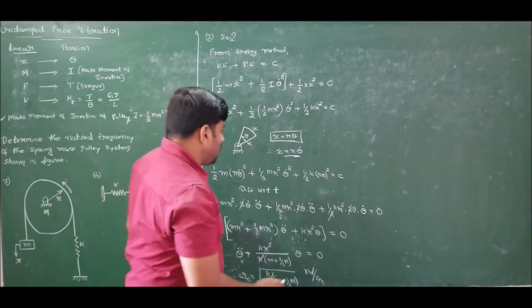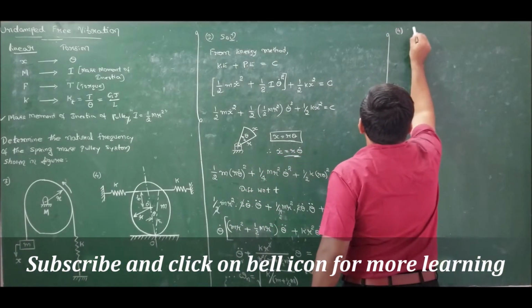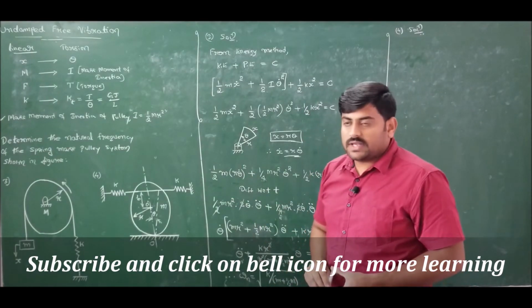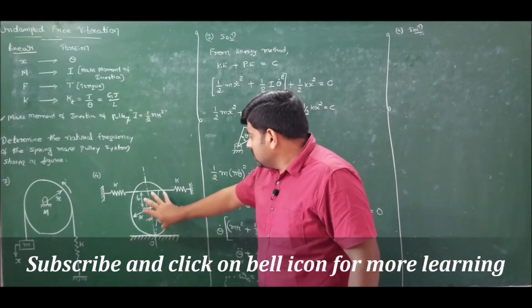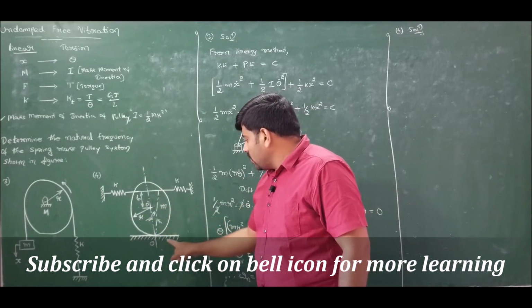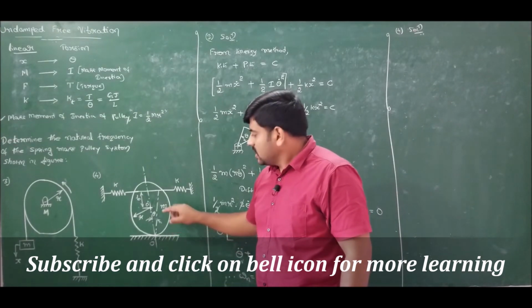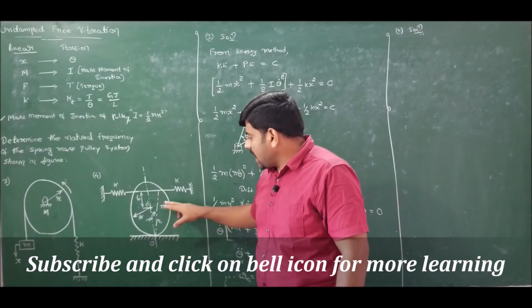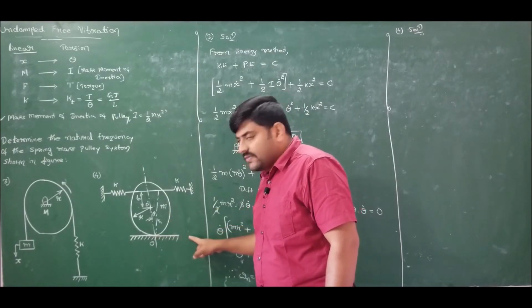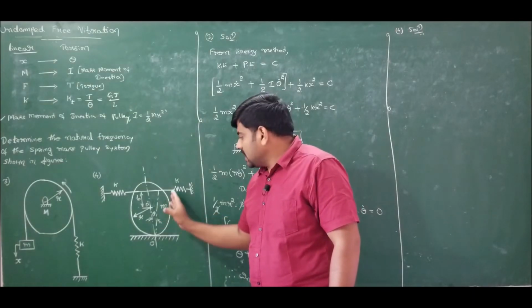Now moving ahead to problem number 4. If I analyze the system, careful observation will reveal that when I apply the torque, the pulley will roll over the fixed surface, and it is also subjected to torsional vibration. Am I correct? So the pulley will roll over the surface in linear motion, and there will also be an angular deflection theta.